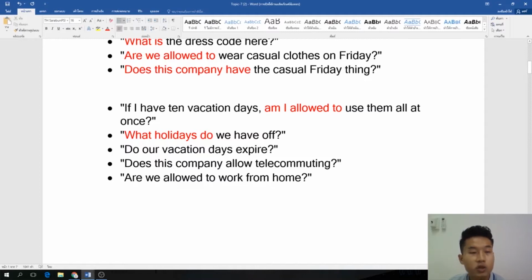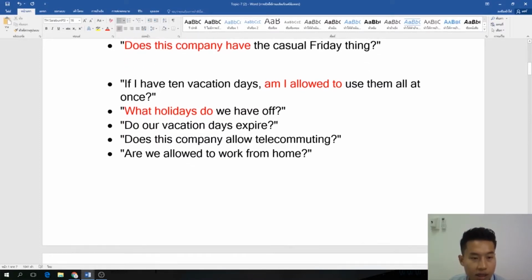You can ask, do our vacation days expire? And this sentence, I want you to remember all. Very important, this one. Do our vacation days expire? Does the company allow? Are we allowed to?